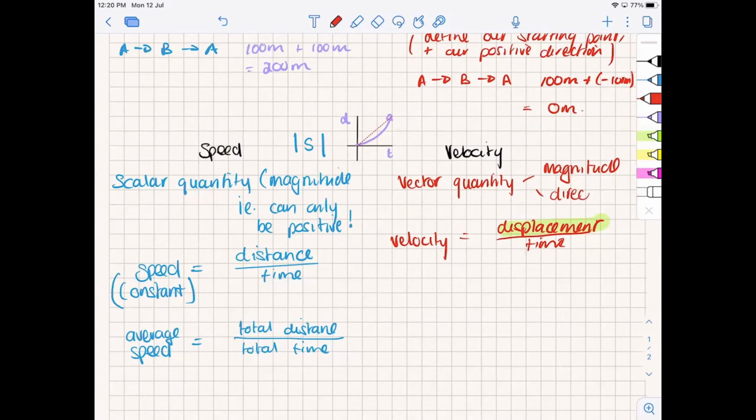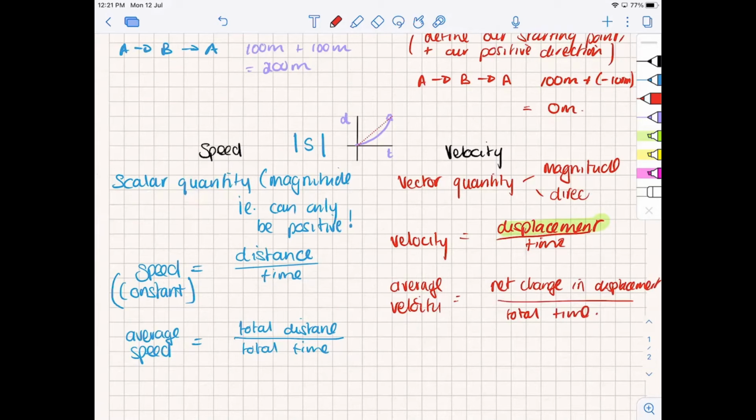So if we wanted average velocity, I like the word that they've used in the textbook. They use the words net change in displacement, and that's all over total time.